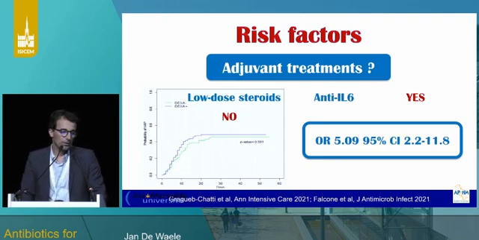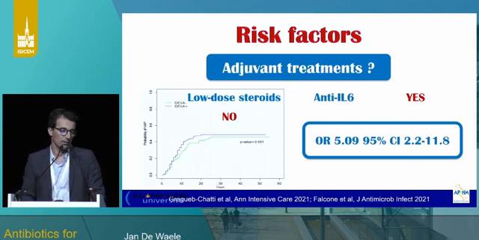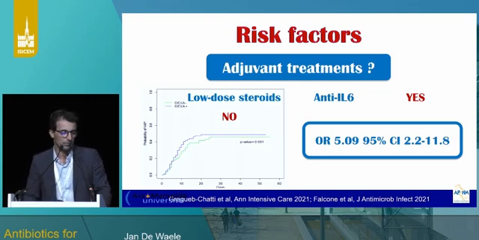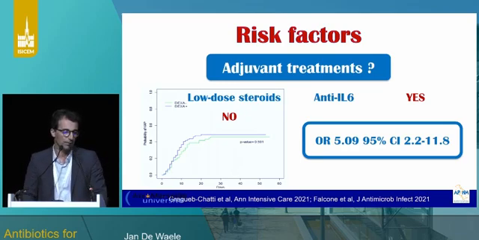If you use adjuvant treatments, like low-dose steroids, dexamethasone for example, there is no increased risk of bacterial co-infection. We compared patients with dexamethasone and those without, and you can see there is no effect.